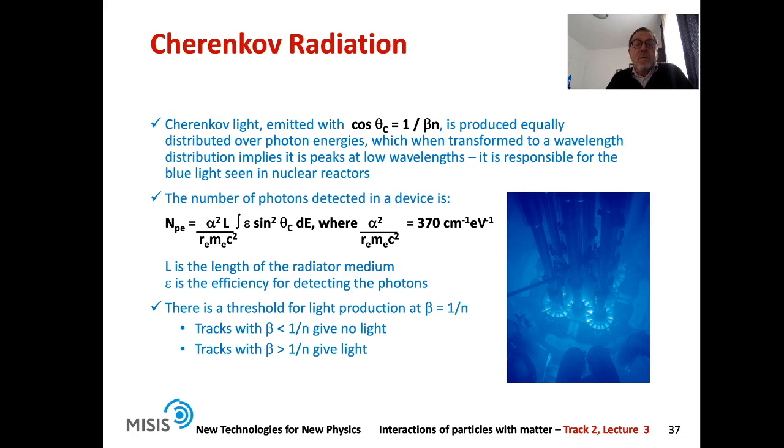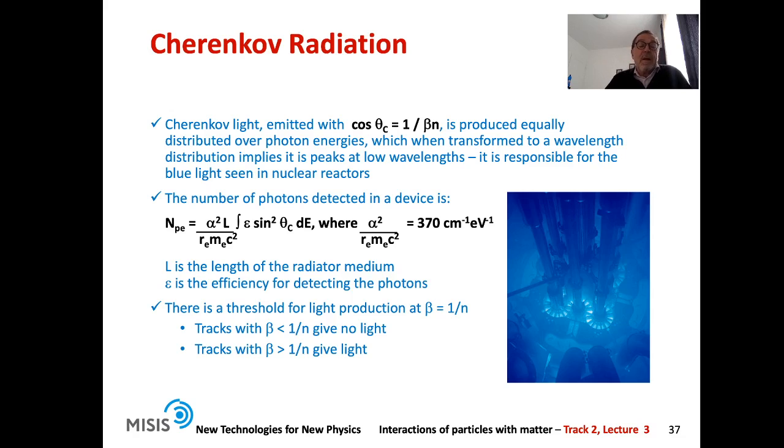The number of photons detected in a Cherenkov detector is given by this formula, where again alpha is the fine structure constant, L is the length of the radiator medium, and epsilon is the efficiency for detecting the photons. There is a clear threshold for light production, since cosine theta cannot be larger than 1.